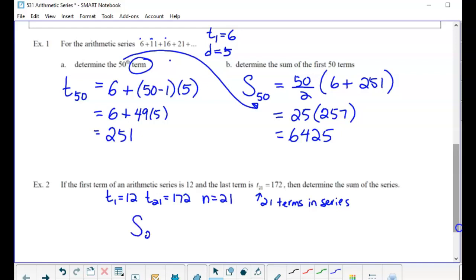So now S21 is 21 over 2 times 12 plus 172. Again, you're going to use the first formula because this is your last term. If I were to try to use the other one, I'd have to find the common difference, and I can't.